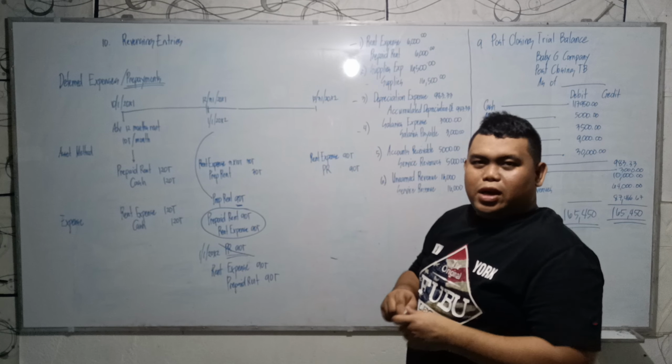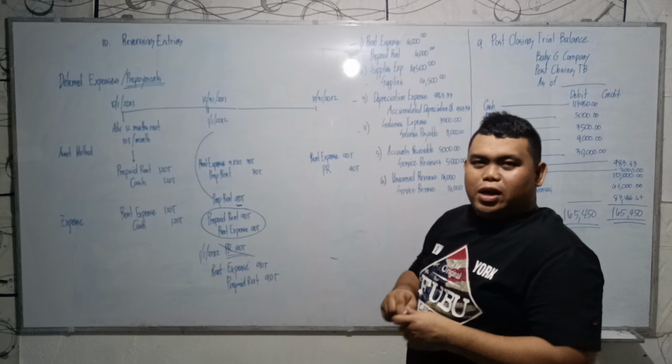Okay? So because of the reversing entry, this one, from expense method, and then there is an adjustment, it became an asset method, it will be reverted back to expense method. So expense and expired. So do we need reversing entries for deferred expenses using expense method? The answer is yes. So that the pattern for the expense method will be preserved.